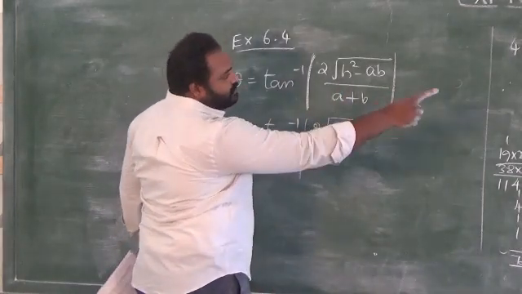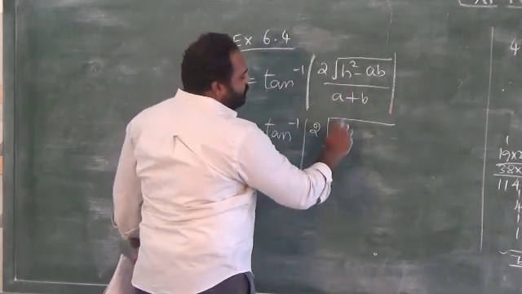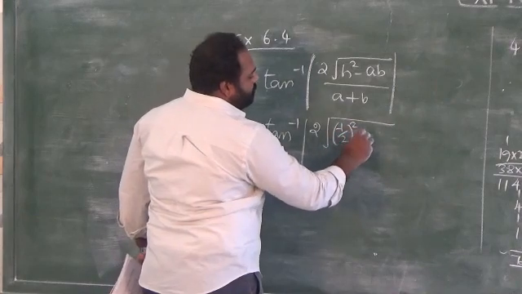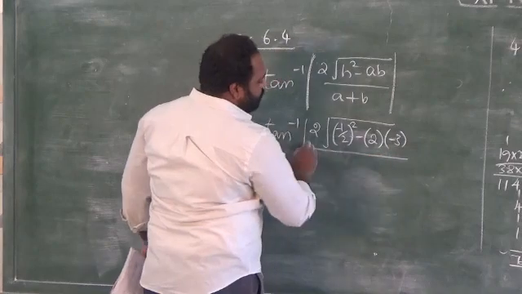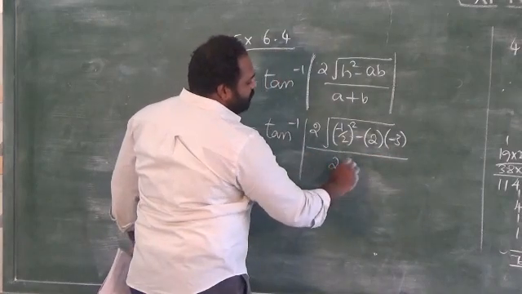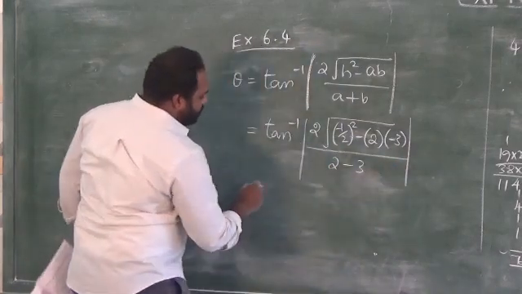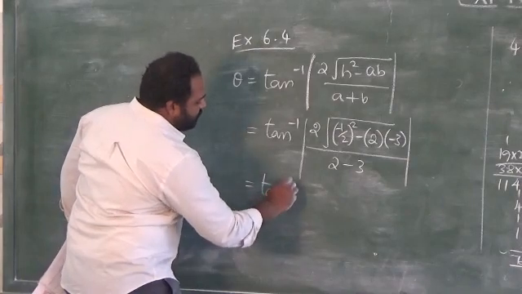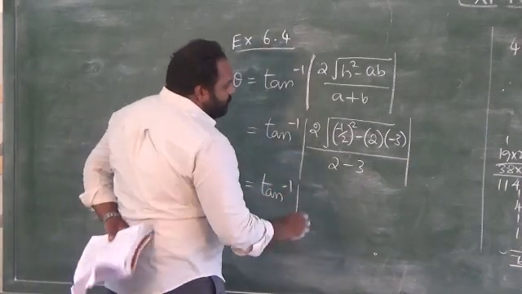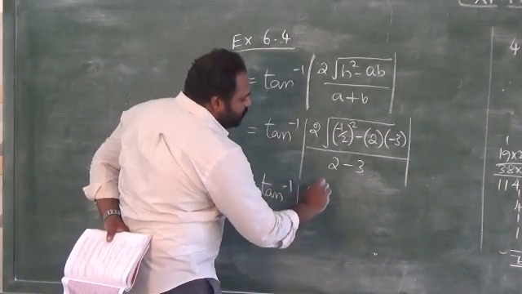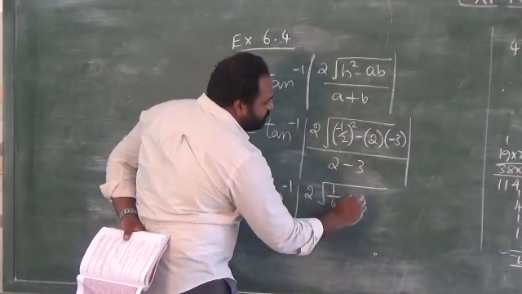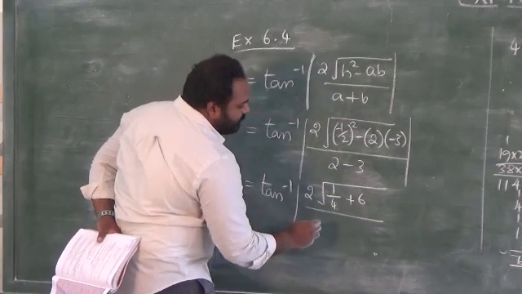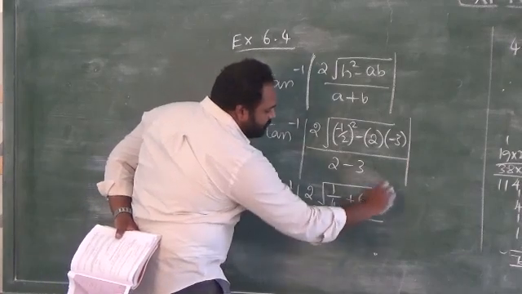H square value is, we have found that (minus 1 by 2) whole square minus A into minus 3 whole divided by A, is 2 minus 3 modulus. So tan inverse 2 root of 1 by 4 minus (into) plus 6 divided by minus 1.